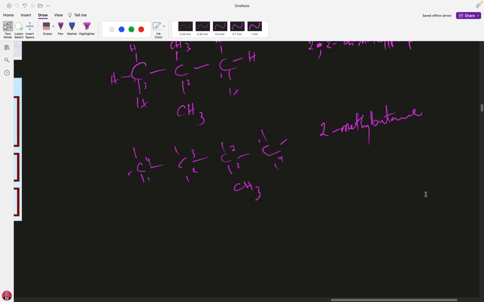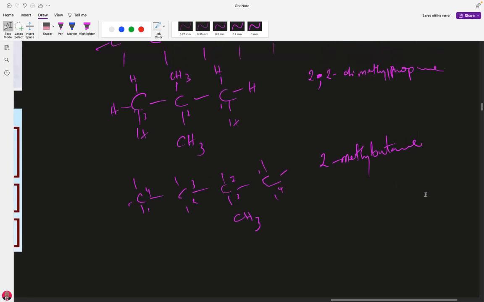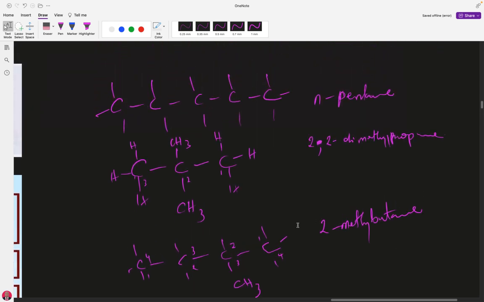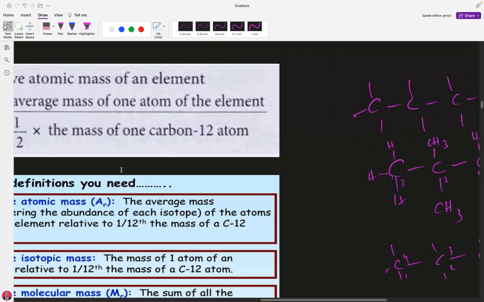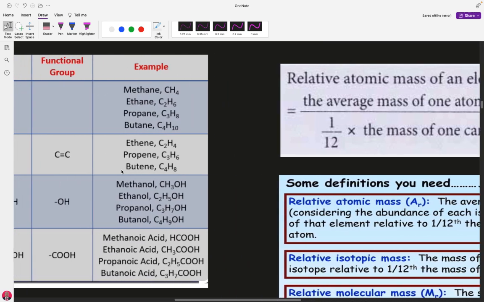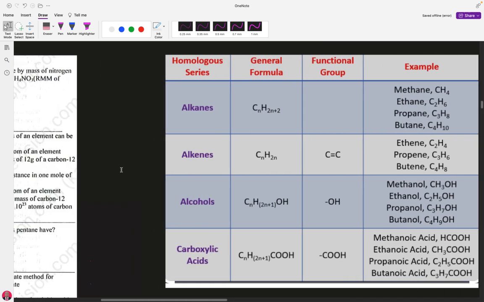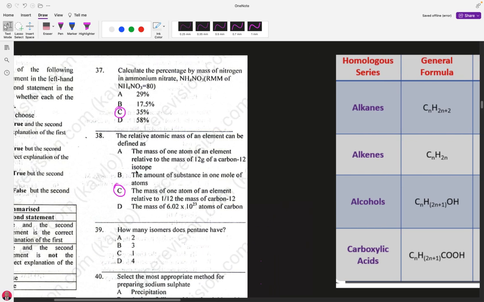So that one is not necessary. So possibly we have 3 isomers resulting from pentane. Cyclopentane will not count. 3 isomers resulting from pentane makes our answer choice B.